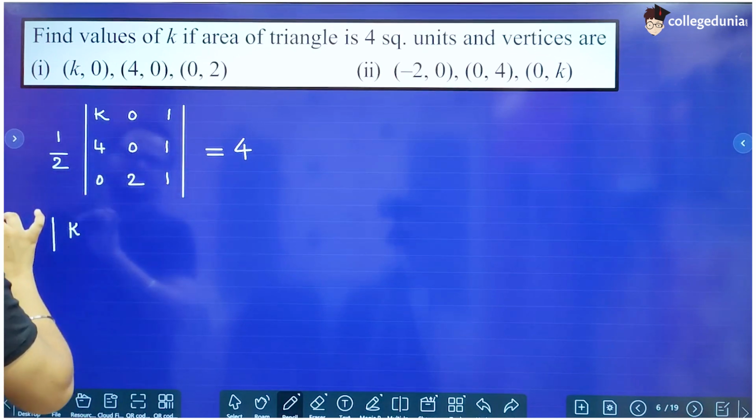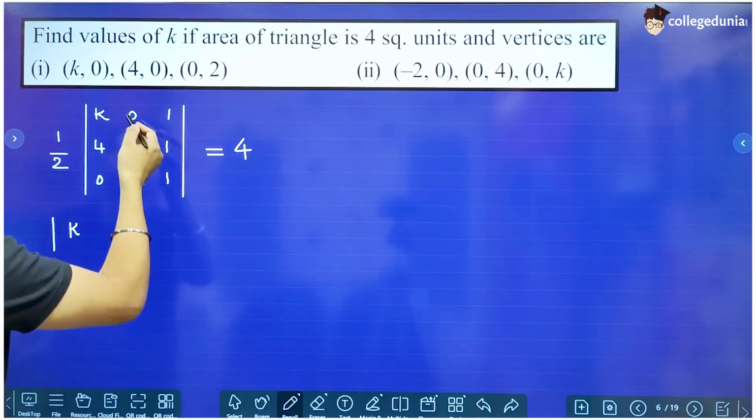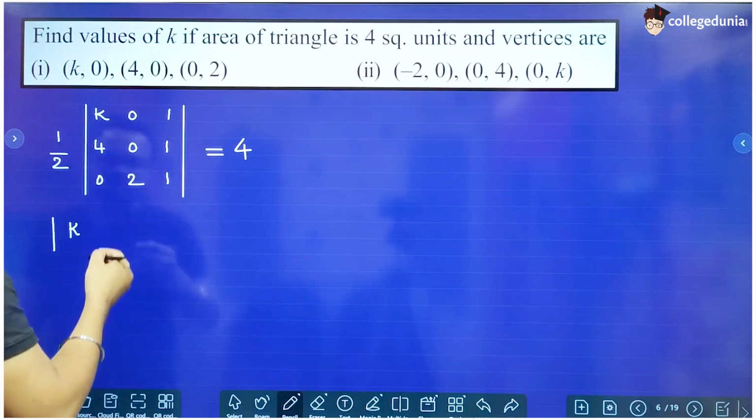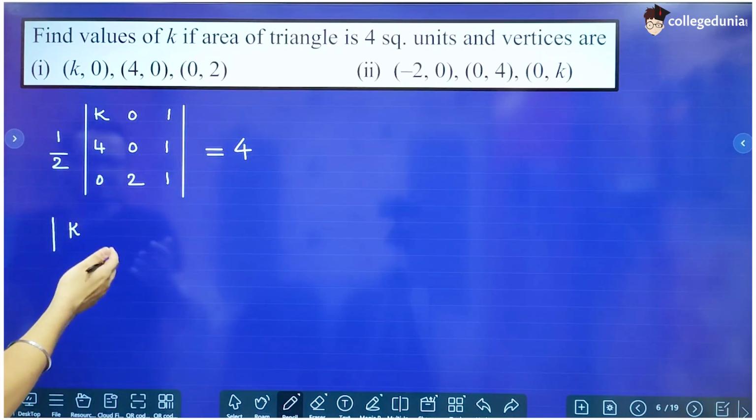into, we will expand the determinant using the first row, because we have 1 0, and if we expand it using the first column, even then we have 1 0. So more or less it is the same thing.